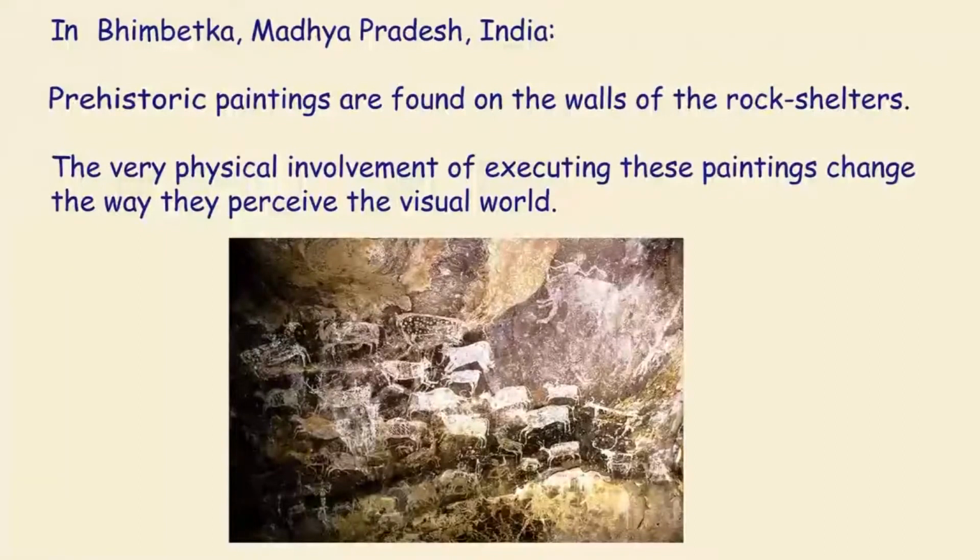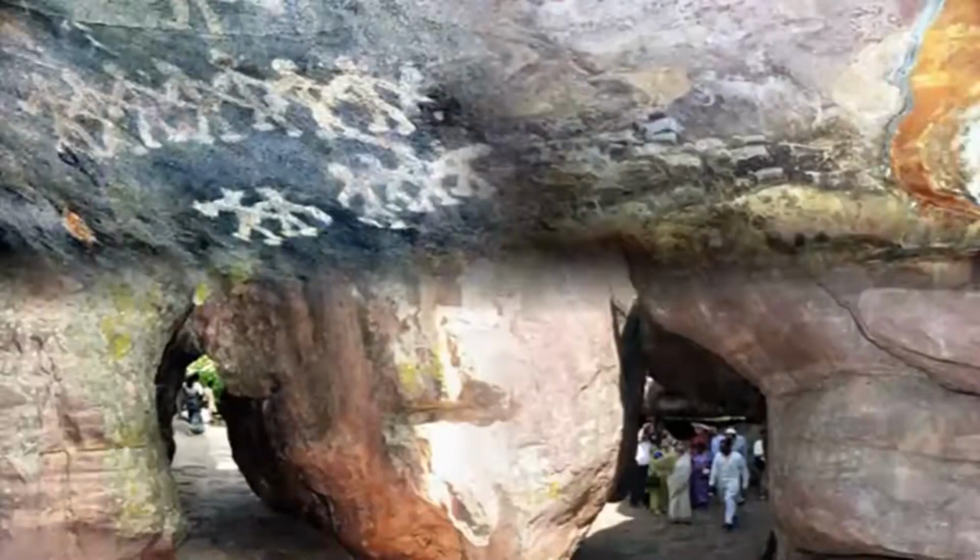The very physical involvement of executing these paintings changed the way they perceived the visual world. Because once again, when you go to Bhimbetka and look at where these paintings are, they exist on very strange places, up there or on the wall, because these are also not very complete and self-contained caves as such.